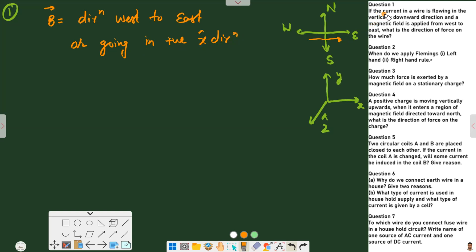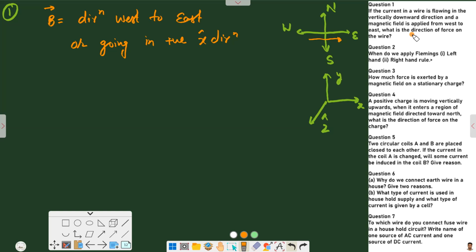Now the current in the wire is flowing vertically downward. If you have to visualize this whole concept, you can consider your rooftop fan. It is attached to your roof via a long cylinder. That cylinder you can consider as a conductor in which current is flowing downward, and there is a magnetic field from west to east.